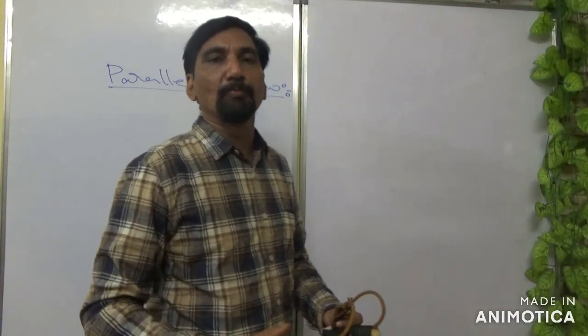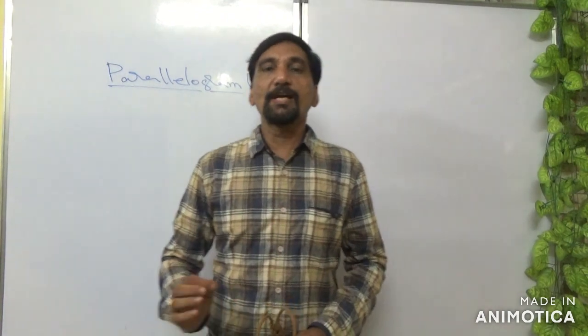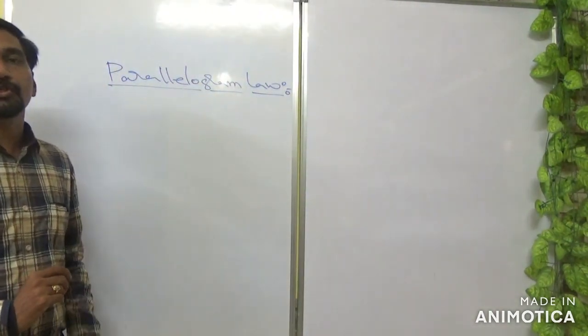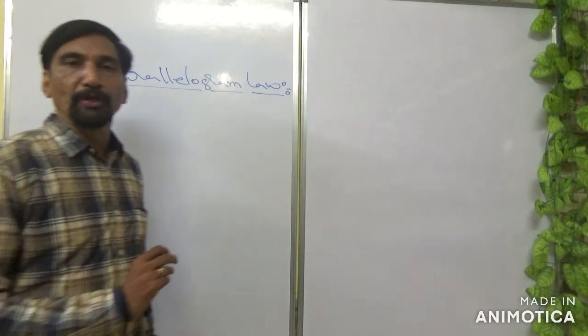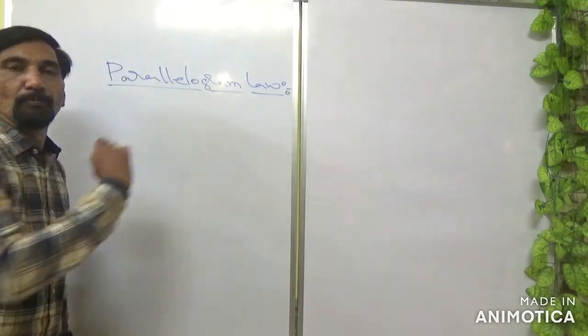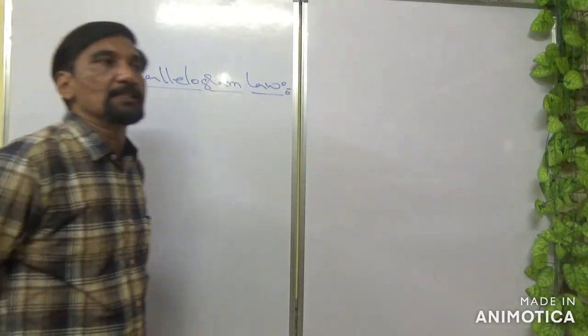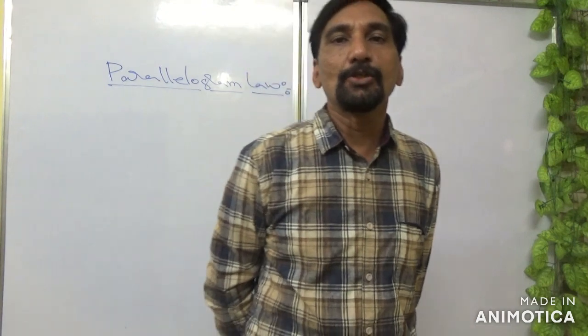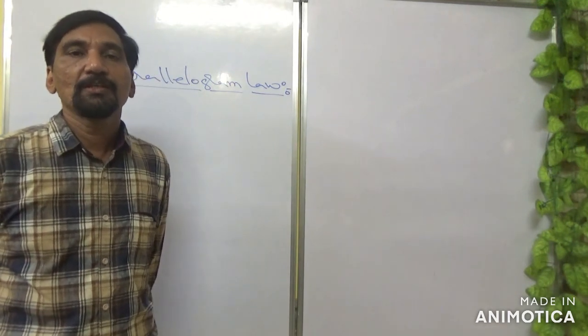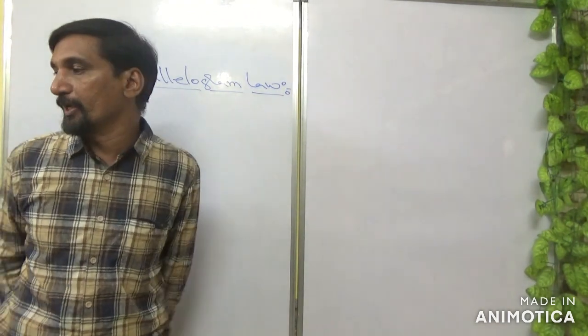Now, another important question: state and prove the parallelogram law of vectors. Very important question from the exam point of view. Now we are going to prove the parallelogram law. Mainly this parallelogram law is useful to find the addition of two vectors when they are co-initial.